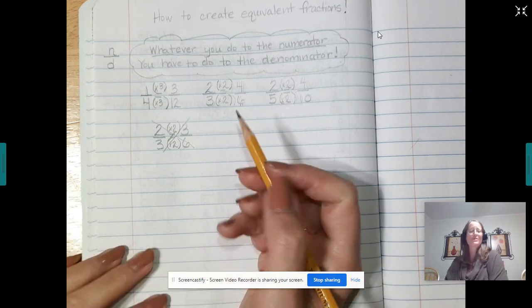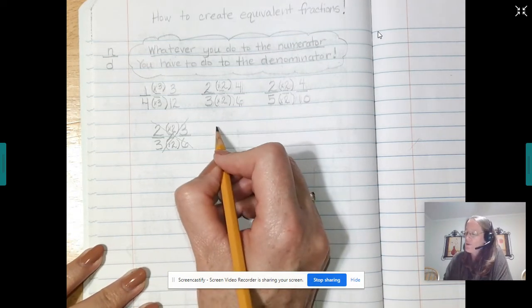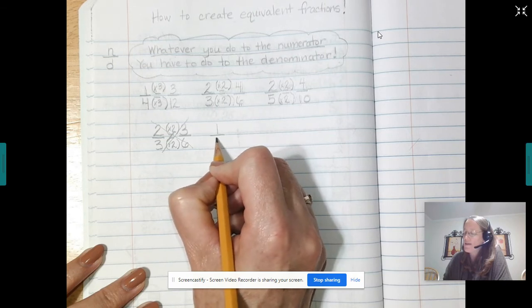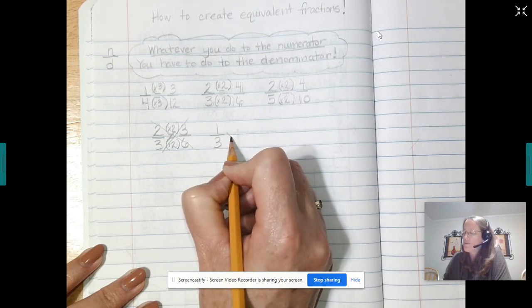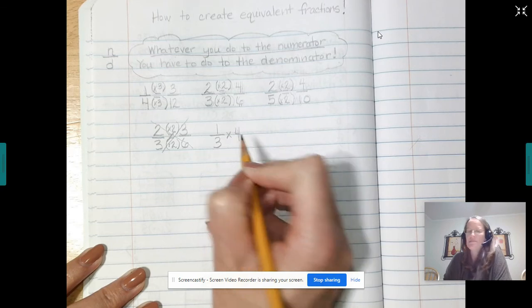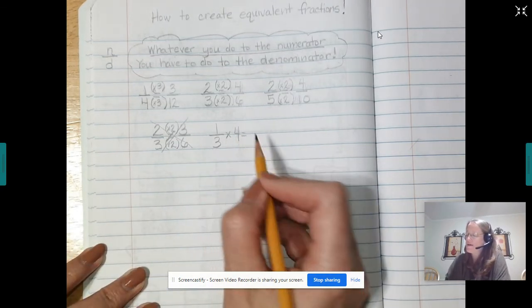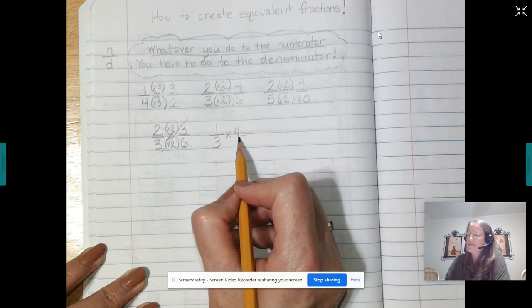Be careful also, girls and boys, that when you are showing how you are creating these equivalent fractions, we are not writing this, because this is not the same thing as finding an equivalent fraction.